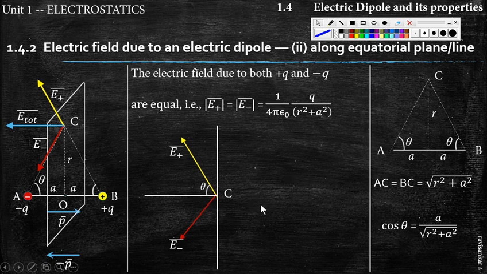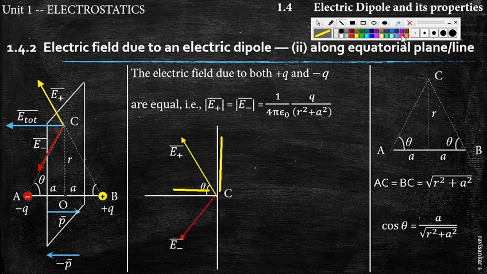Now let me divide this E plus as well as E minus into their vertical and horizontal components. So if I divide them into vertical and horizontal components, the horizontal component of E plus vector should be like this, in this direction. The vertical component of that will be in this direction.